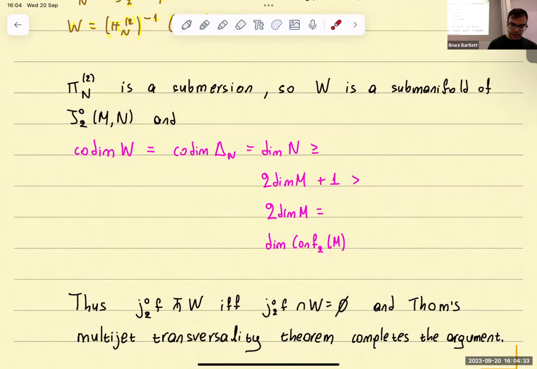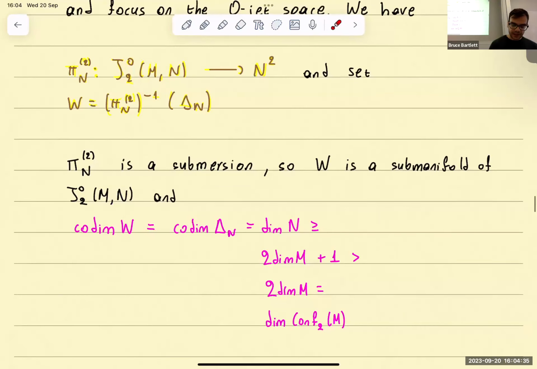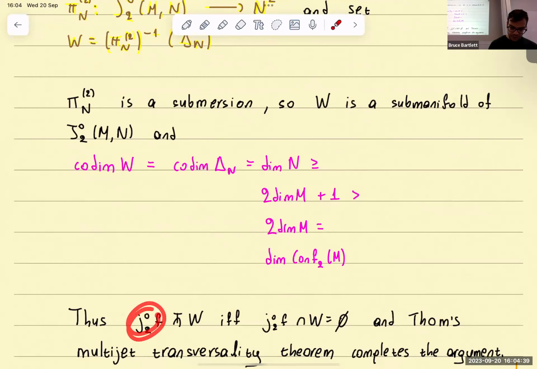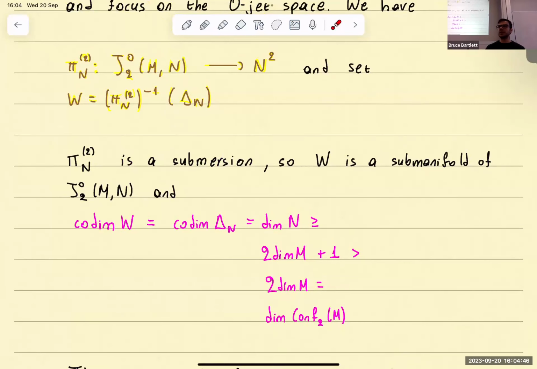Again, what it means for J02 of F to intersect W is that there exist two different points X, Y in M, such that F of X equals F of Y.